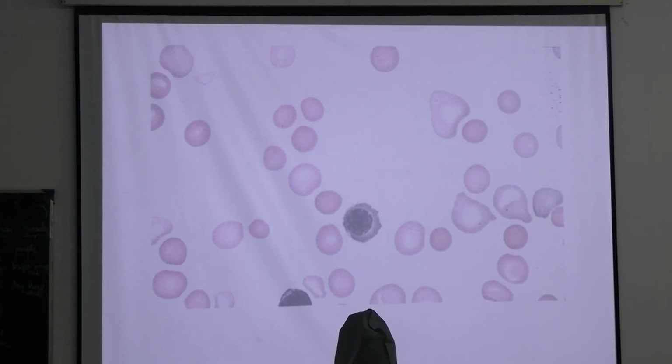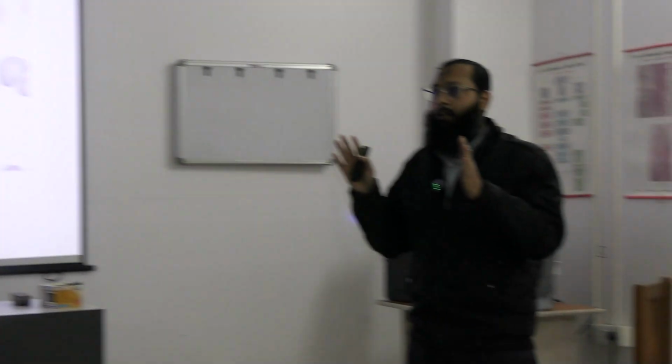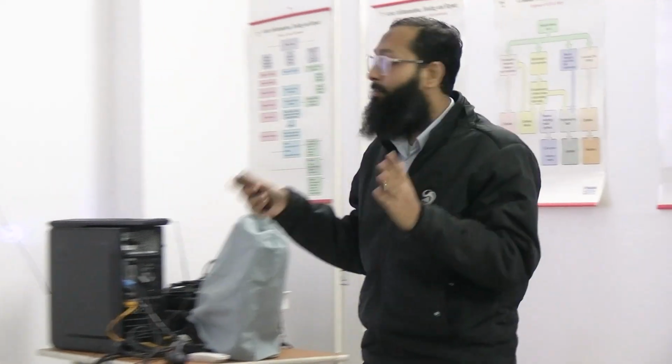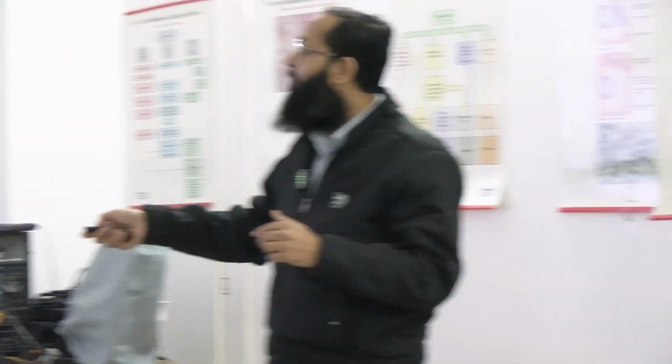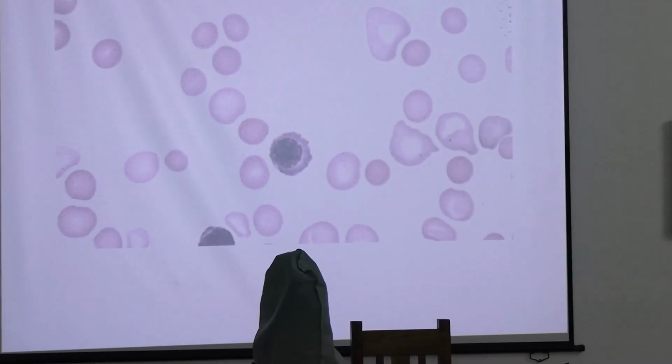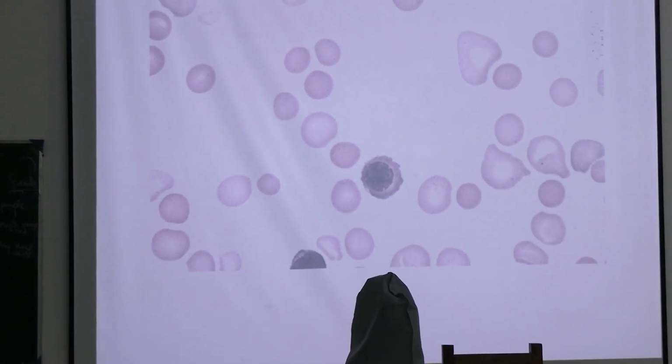Monocyte? No. First of all, you should know the size variation of the WBCs. Monocyte is the largest cell in the peripheral blood smear. Can you see the size of this cell? Just equal to an RBC. It can't be a monocyte. Try other.